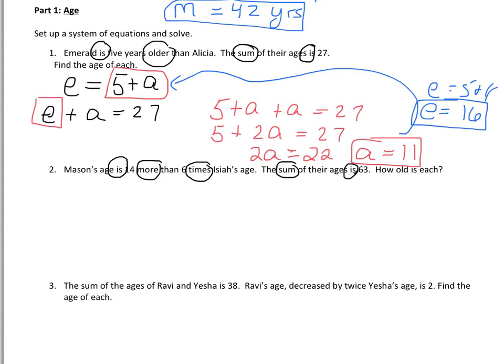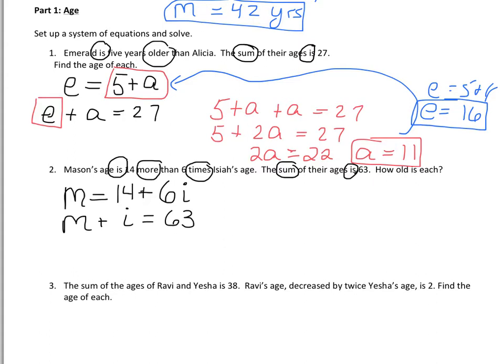So we'll use M and I. So Mason is, so that's equals 14 more, so that's going to be addition. 6 times Isaiah's age would be 6I. The second equation, Mason plus Isaiah, the sum of their ages, is 63.